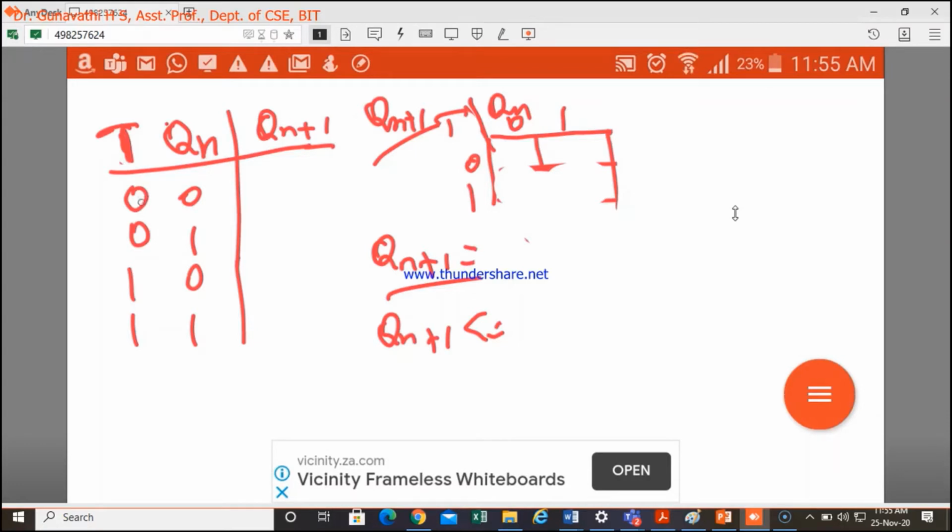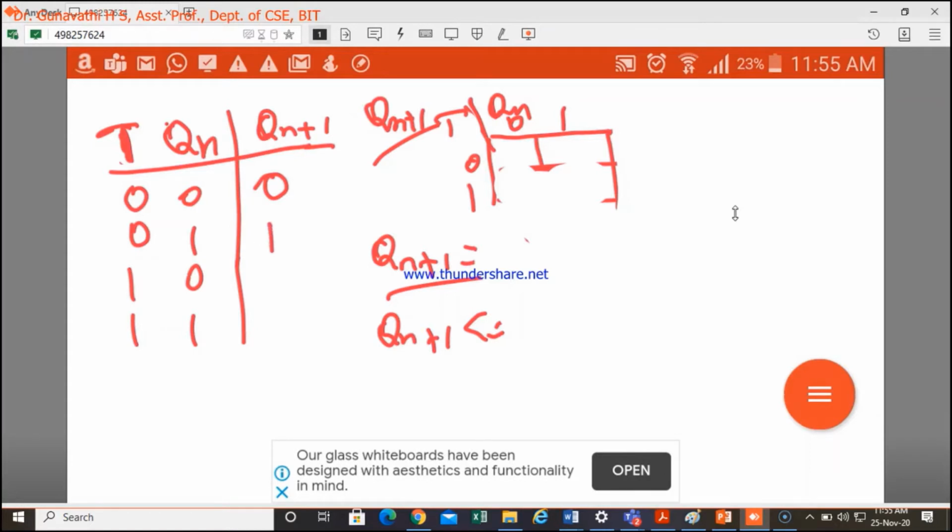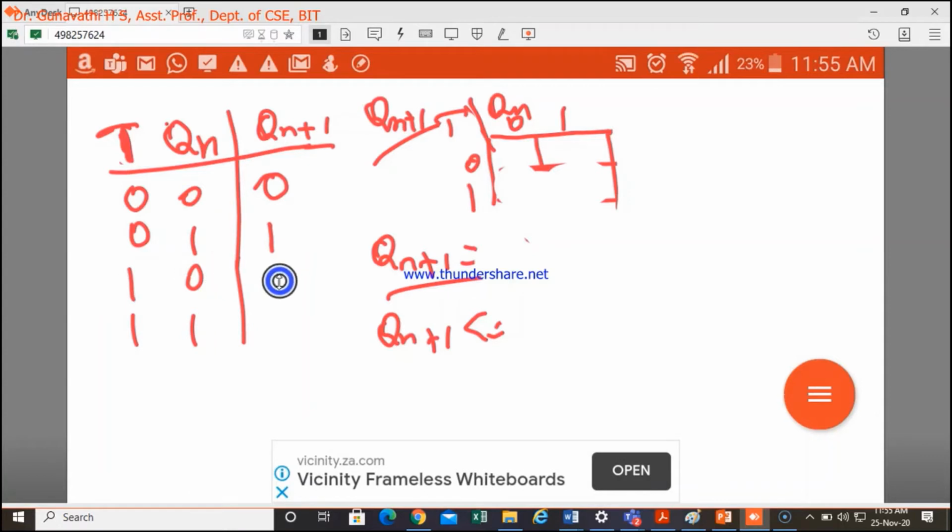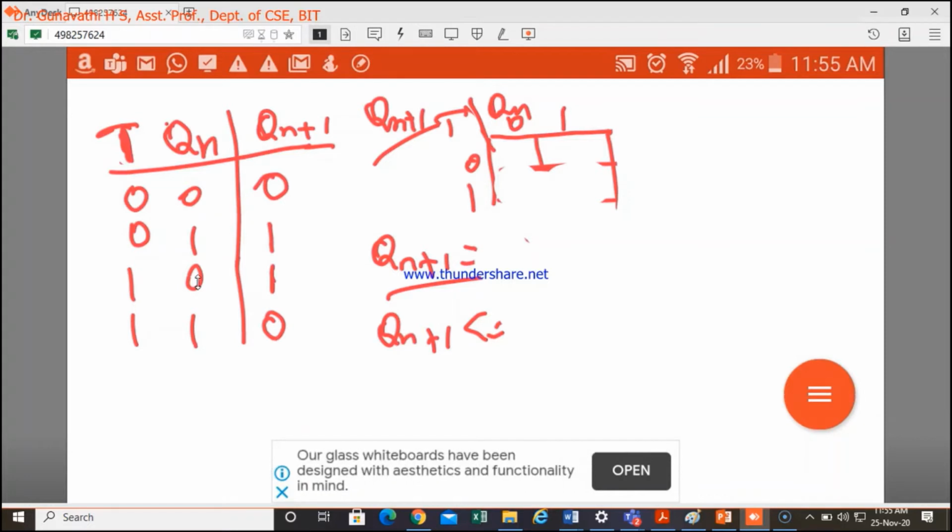When T is 0, the output is the previous state. Whatever your Qn, you should write the same thing here. When T is 1, the output is toggle. So 0 in the previous state, now it is 1. So 1 in the previous state, it is 0. This is the truth table of the T flip-flop.